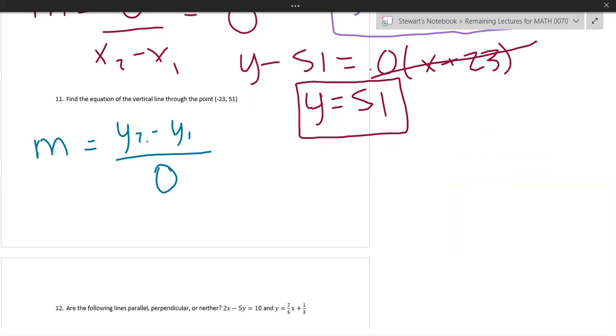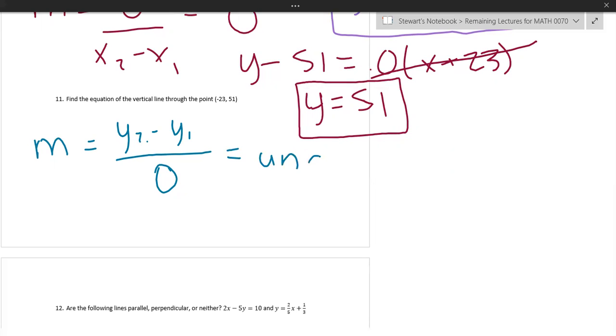If it's a vertical line, you always have some rise, but you don't have any run. You don't go side to side at all. It just stays in the same vertical place the whole time. But you can't divide by 0. That's not allowed, and it doesn't give you any solution.